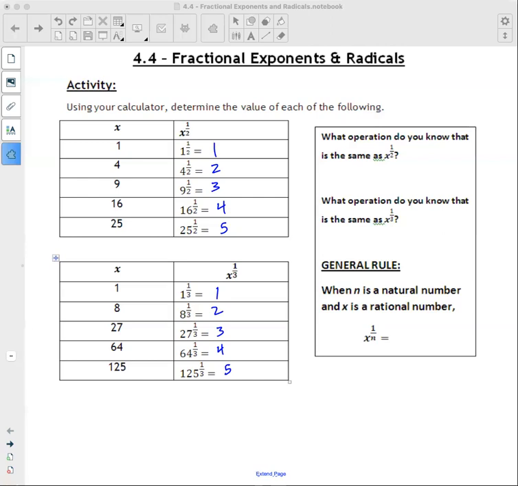Well, that is because if we are taking a number to the exponent 1 over 2, it is the exact same operation as taking the square root. So what operation is the same as x to the 1/2? It is taking the square root of x.